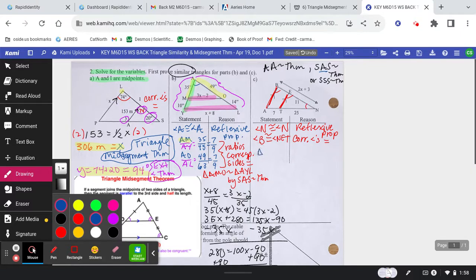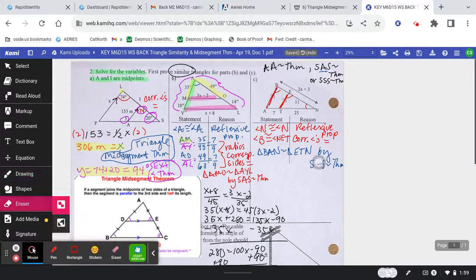So we say triangle BAN is similar to triangle ETN by side angle side. I'm sorry. That was the last one. This one is by AA similarity theorem. So that's my little mini proof for triangle similarity. And since they're similar, now we can solve for x.